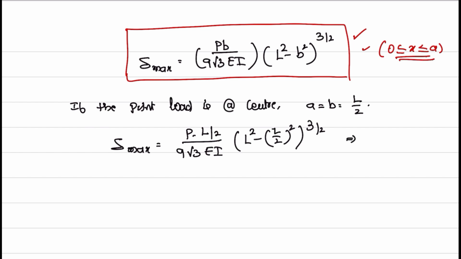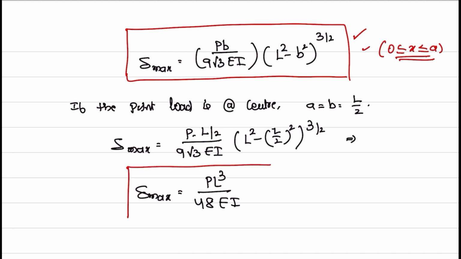That implies when A is equal to B is equal to L by 2, when the point load is at center, then delta max, please simplify that, take it as a homework. Delta max is equal to PL cube by 48 EI. This is a very, very, very important formula.